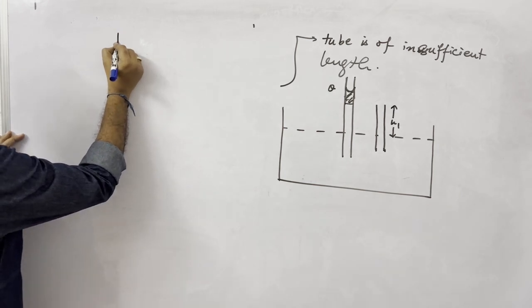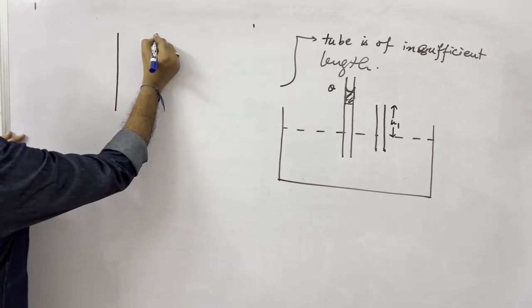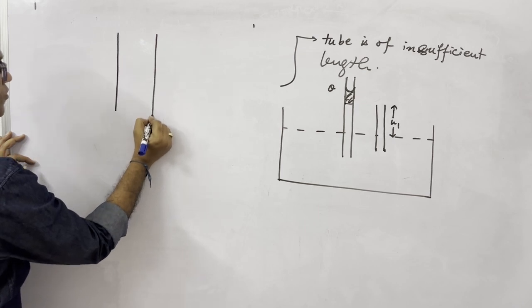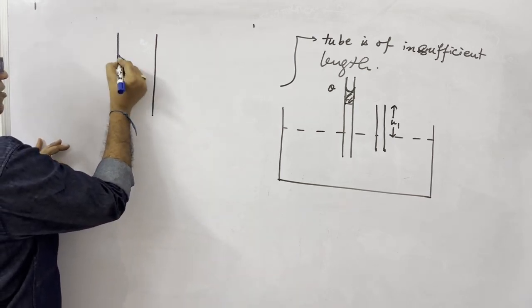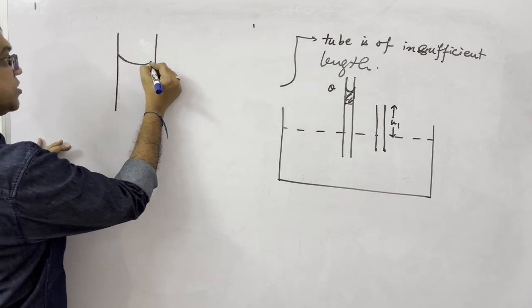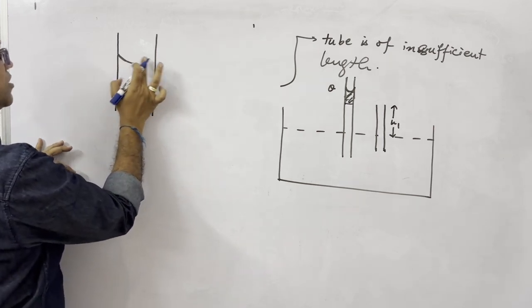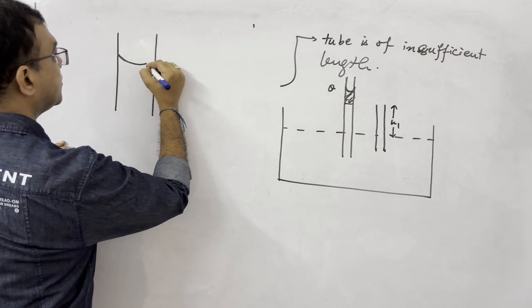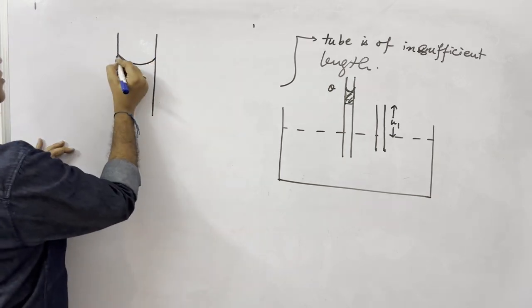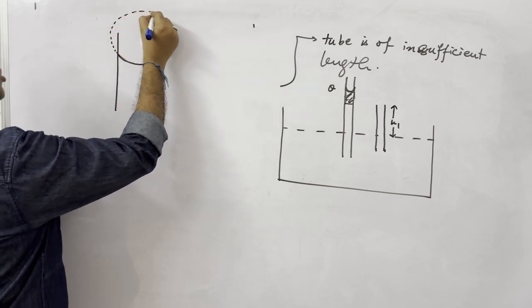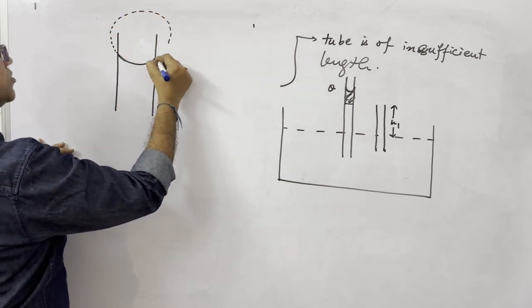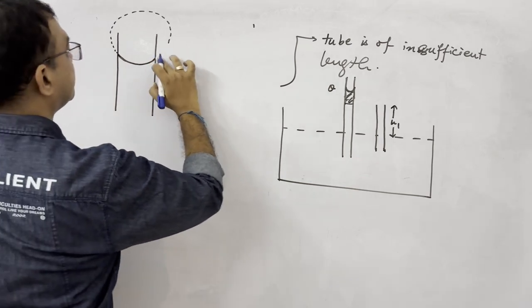Let us say this is the tube of sufficient length. Then here the shape of the meniscus is decided by the contact angle. Depending upon the contact angle, the shape of the meniscus has been decided.